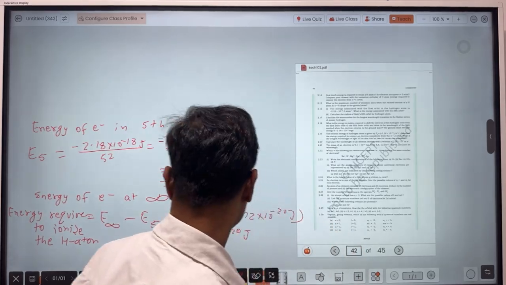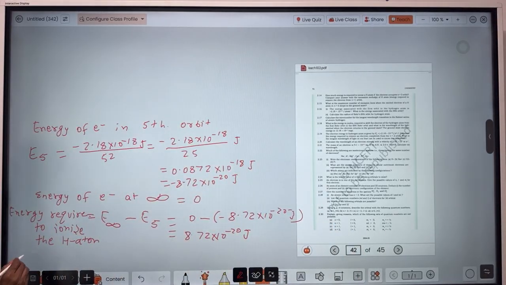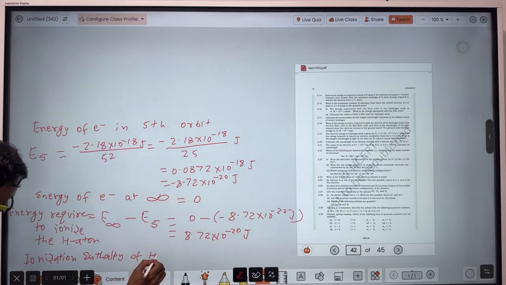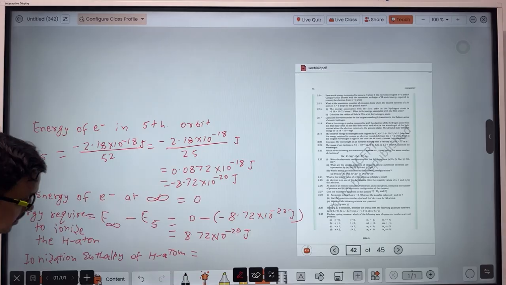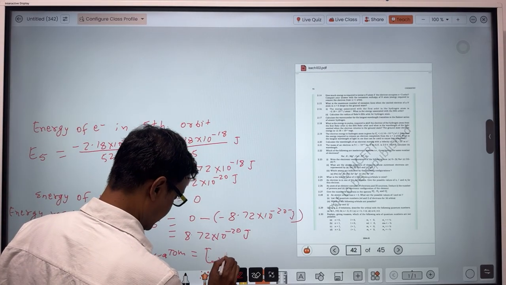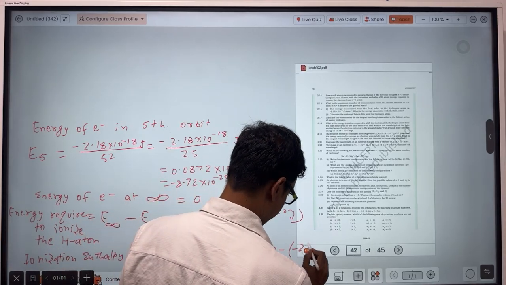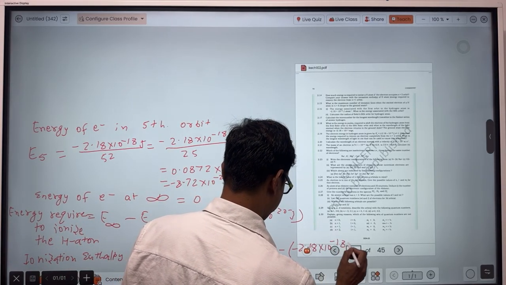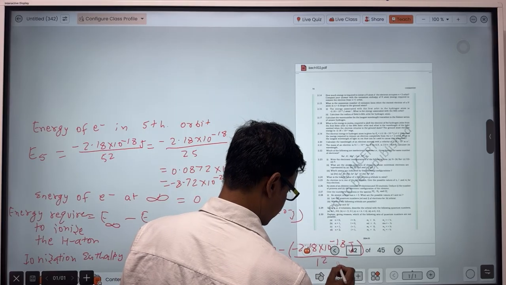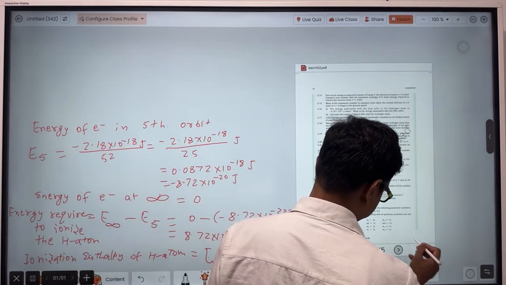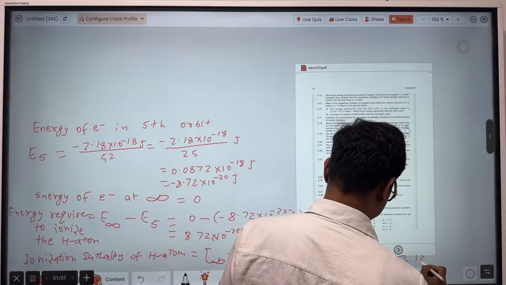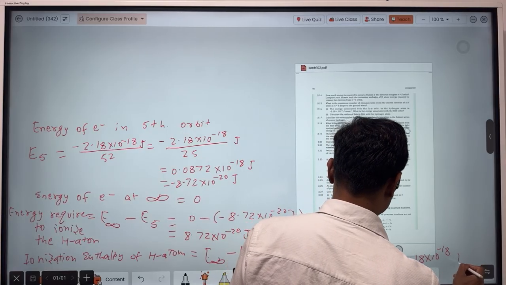So the ionization enthalpy of hydrogen will be equal to the energy at infinity minus the energy in the first shell. That is 0 minus minus 2.18 into 10 power minus 18 joule upon 1 square, and 1 square is 1 only. So that will be equal to 2.18 into 10 power minus 18 joule.